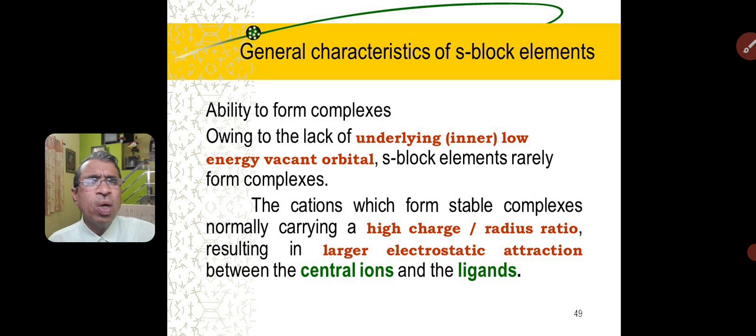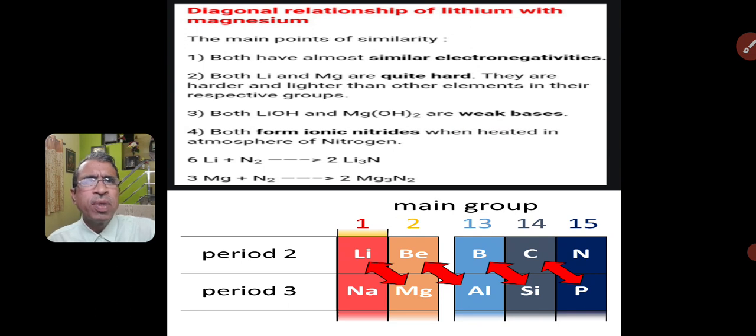So this is also a slide showing some of the general characteristics of S block elements. This is a slide showing a diagonal relationship of lithium with magnesium, beryllium with aluminium.